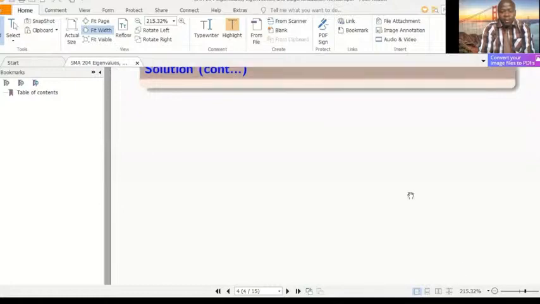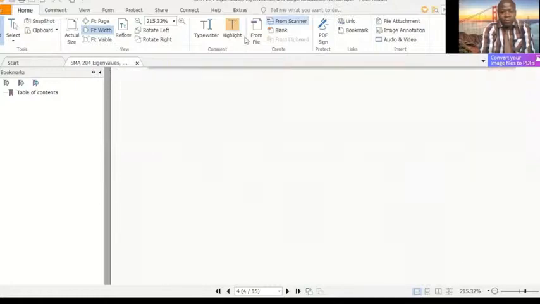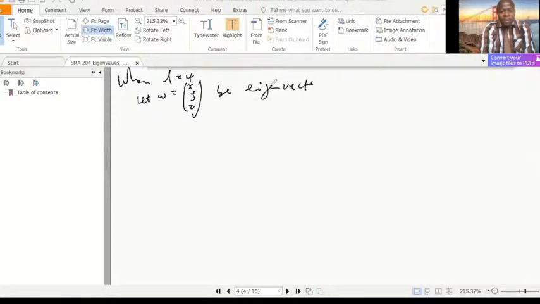So we found that lambda 1 was 4. So when lambda is 4, let's find the eigenvectors. Let W, which is x, y, z, be the eigenvector.